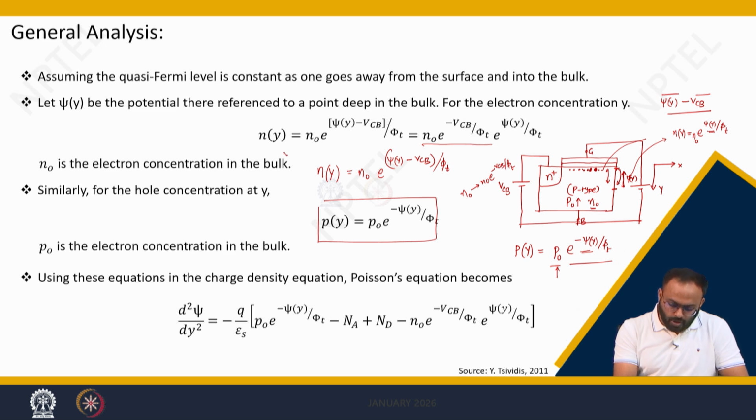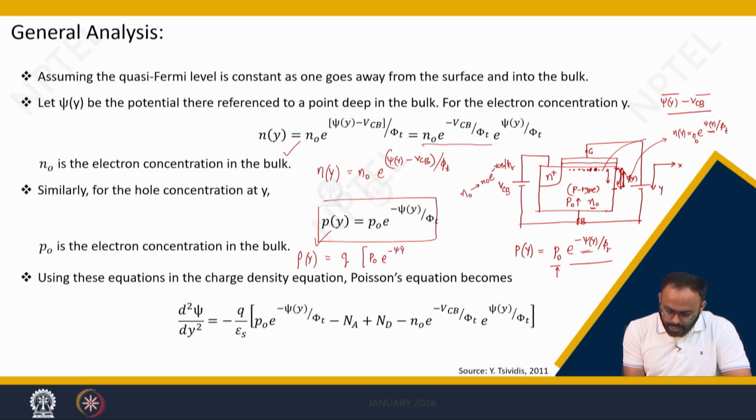So, you have the electron concentration, you have the hole concentration for general y, for a general potential which is psi y. Can I write the total charge density? So, the total charge density can be written as the hole contribution, which is nothing but P naught e to the power of minus psi y by phi t, plus the electron contribution, which is minus of n naught.